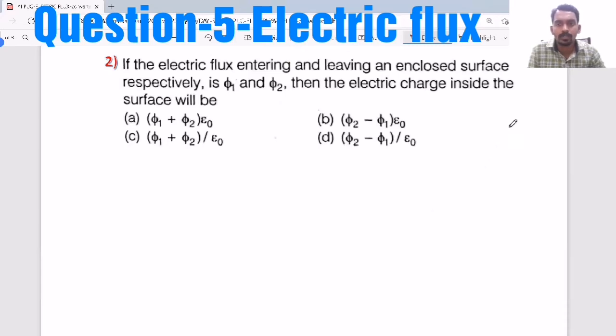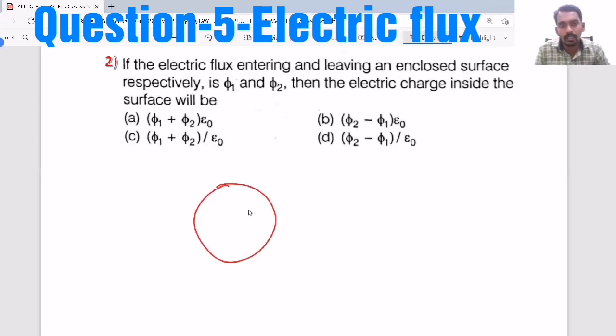Now here comes another question. If the electric flux entering and leaving an enclosed surface are respectively phi 1 and phi 2, then find the electric charge inside the surface. If there is a closed surface with some net charge, the Q net is given by, as I said, the net flux times epsilon naught.